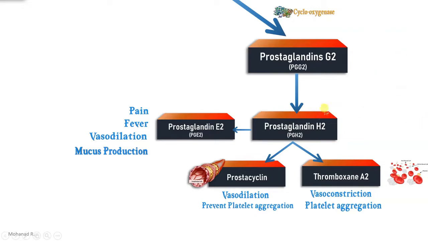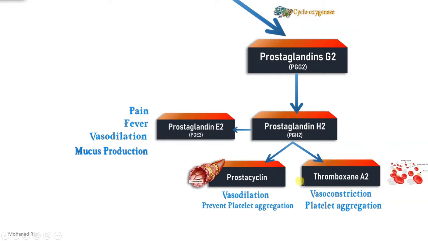You may notice that we have the same parent molecule that gives rise to two mediators that are completely opposite in action. So why is that? Actually, because it is necessary for maintaining balance and achieving the body's needs. For example, if we had bleeding and we need to stop it, the body shifts the pathway from prostaglandin G2 into prostaglandin H2, then thromboxane A2.